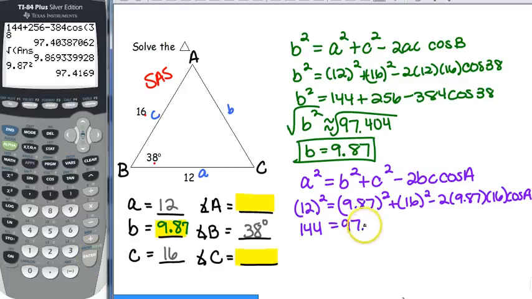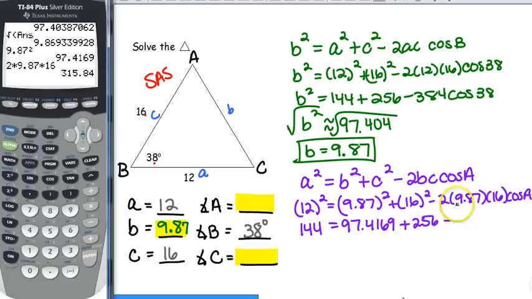So 97.4169. Since that's already a rounded answer, we don't want to lose any more of those numbers. Plus 256 minus, when we multiply that all out, we get 2 times 9.87 times 16, 315.84 cosine of our angle A. We can add like terms together.